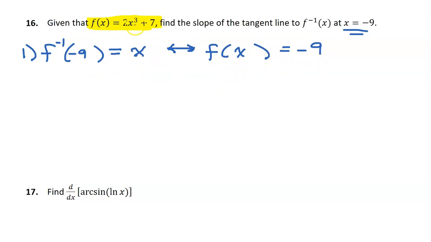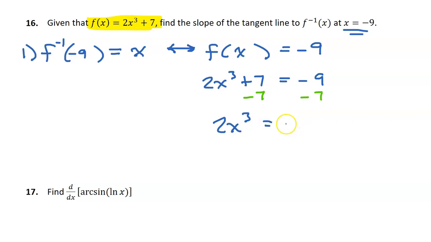But this is f of x right here. So we have 2x to the third power plus 7 is equal to -9. Let's solve this for x. Subtracting 7 from both sides. Maybe I'll just go ahead and show it. So -7, -7. So we have 2x cubed is equal to -16.